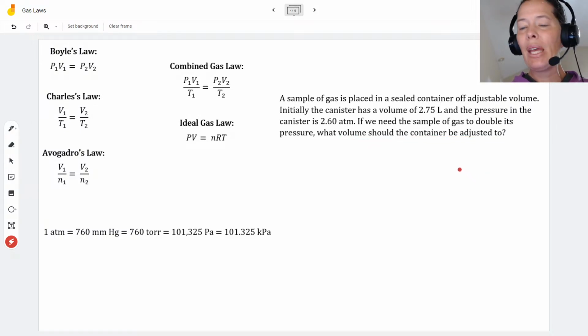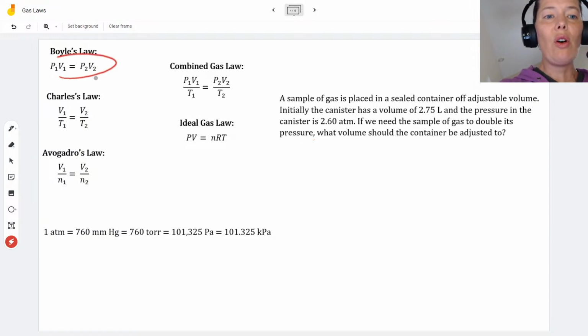Again, I've got to decide which equation I'm going to use. So what is changing, what is not changing. I have adjustable volume, so I definitely want volume, and I have a pressure of 2.6, and I want to double this pressure. So pressure and volume are changing, so I want Boyle's law.